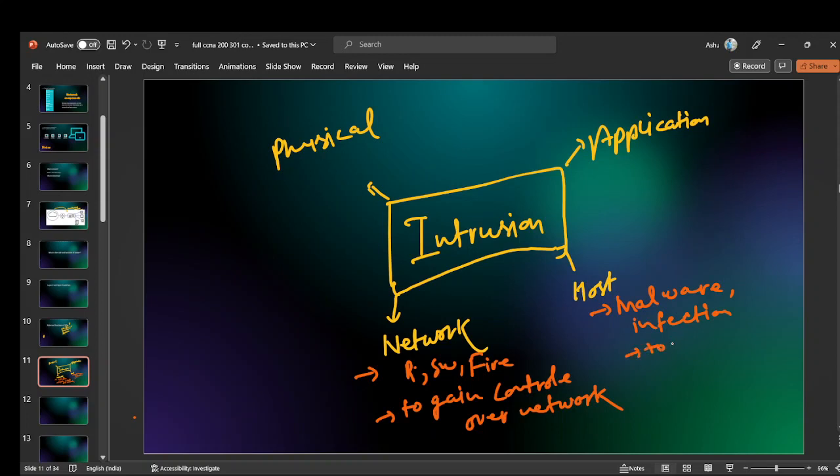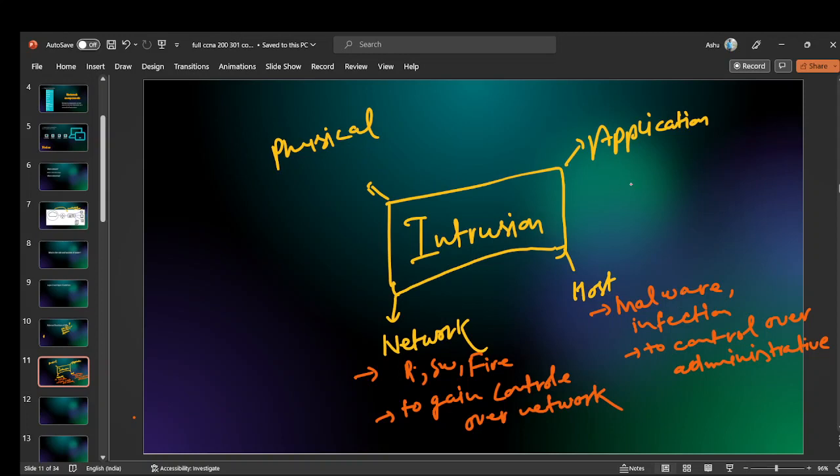That means to control over administrative. This is the host intrusion. That means the intruder catches the host, known as host intrusion, on the basis of malware infection or exploiting software vulnerabilities. That will be the point.